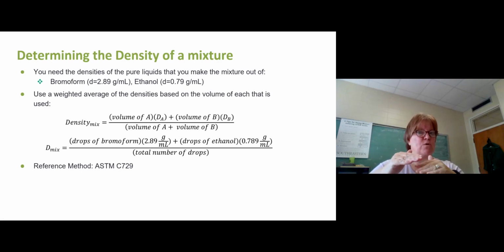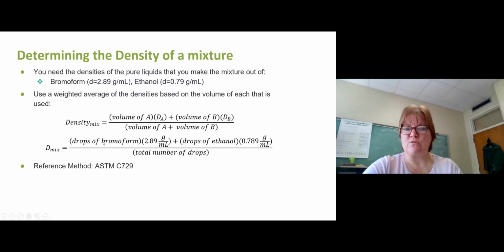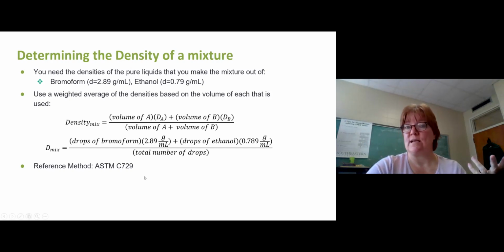And as I get it where there's an exact match, I now will have the glass piece suspend. And when that happens, I can do some calculations. I can basically find from how much I used of the heavy density times the density, how many I used of the light density times its density, divided by the total number of drops. I can calculate the density of that mixture that I made. So this would be one example of how we're going to do it.